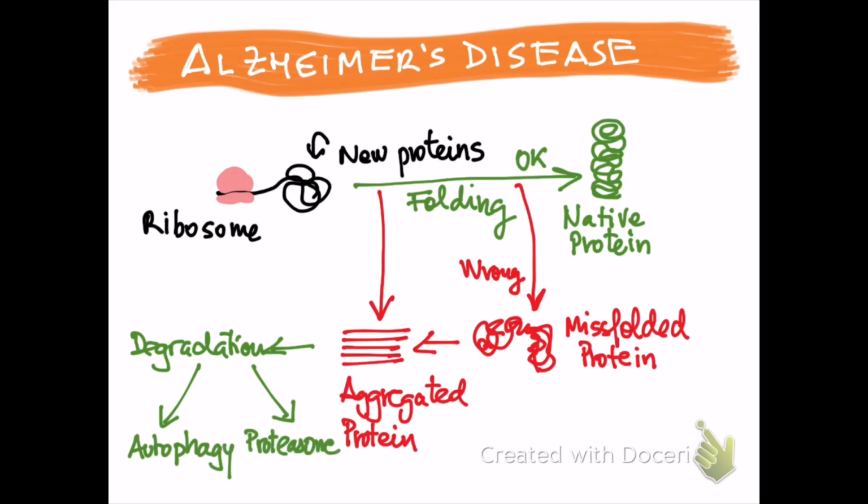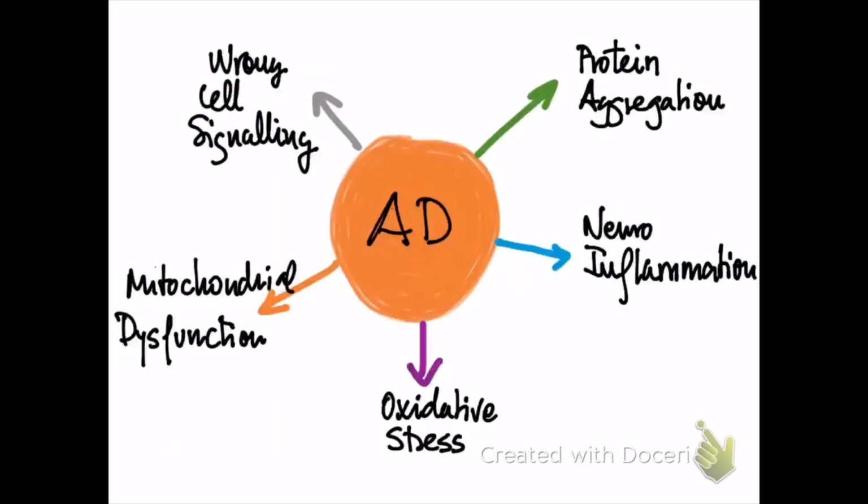Neurodegenerative diseases begin when the body cannot remove this aggregated protein. In the case of Alzheimer's, it is an amyloid beta protein. Alzheimer's has other effects. Protein aggregation is accompanied by neuroinflammation, increased oxidative stress, mitochondrial dysfunction, and impaired cell signaling.